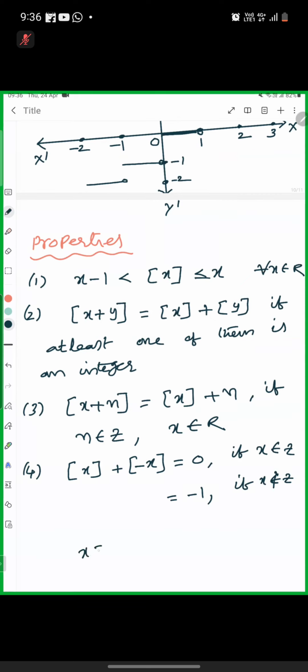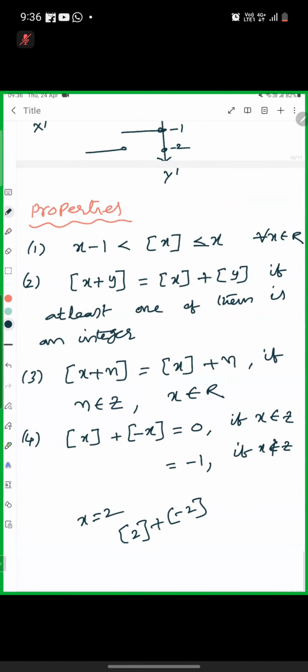Let us take x as 2. What is the integral part of 2 plus the integral part of minus 2? Integral part of minus 2 is minus 2. It's not modulus. So 2 minus 2 is 0.